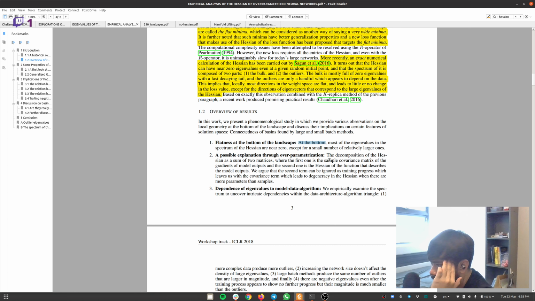The decomposition of the Hessian as a sum of two matrices, where the first one is the sample covariance of the gradients of model outputs, and the second one is the Hessian of the function that describes the model outputs.